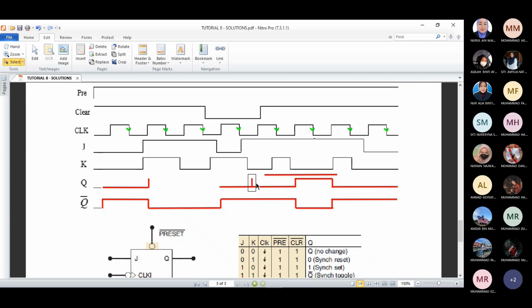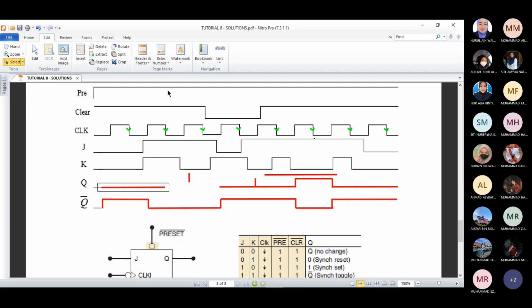Ini semua akan ada delay sikit. Up until the second clock. So up until here kita still no change, tak ada berubah sebab initial tadi kosong. So it doesn't change, so kita stay sampai dekat sini.